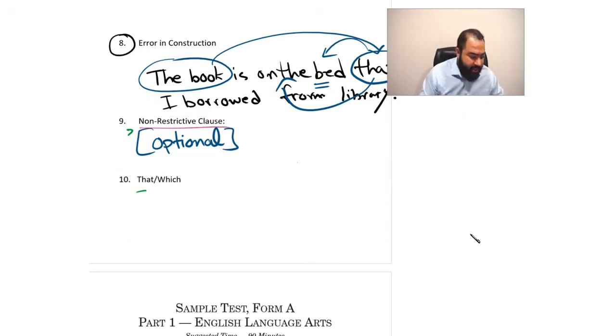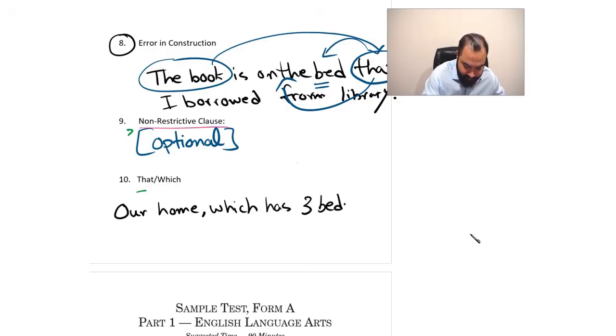Now let's say I have this sentence: our home, which has 3 bedrooms, is located, let's say, in New York City.